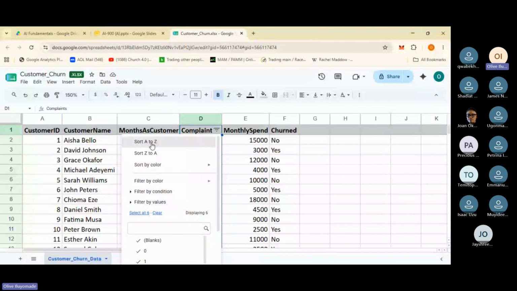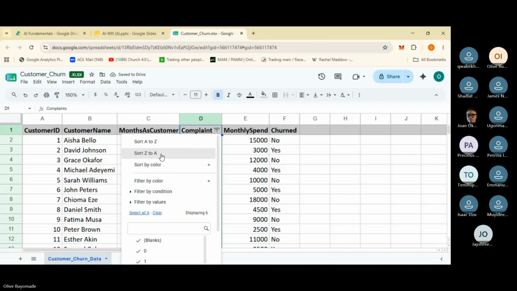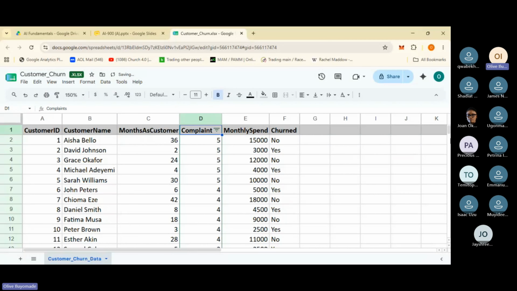Let's see what it is. Okay, no, we want highest to lowest. So let's look at these people that have made the most complaints. That's 5 complaints. Yeah, there's a number of people. So let's have a look through. So 1, 2, 3, 4, 5. Okay, some have no, do you understand? Not churned. Some have yes.